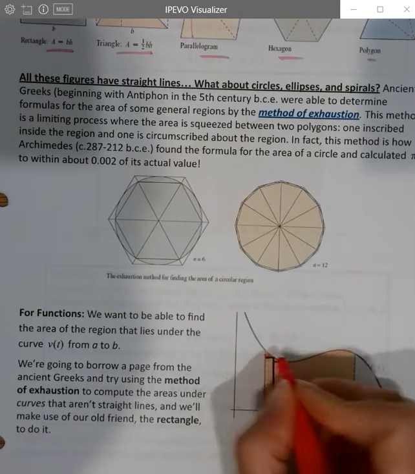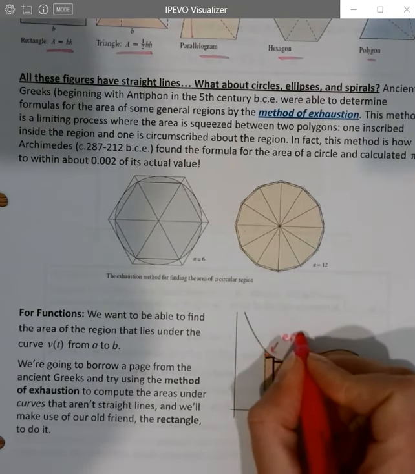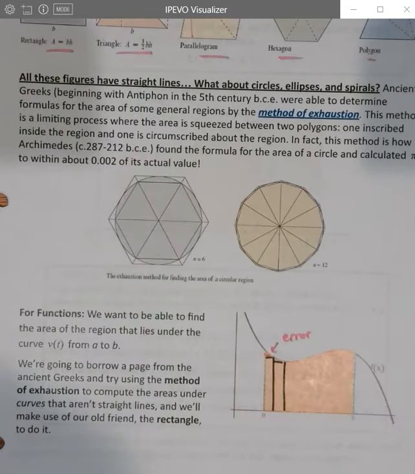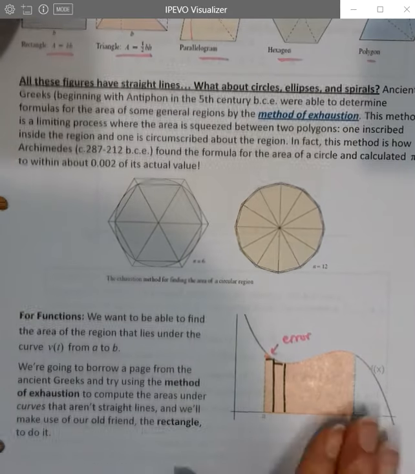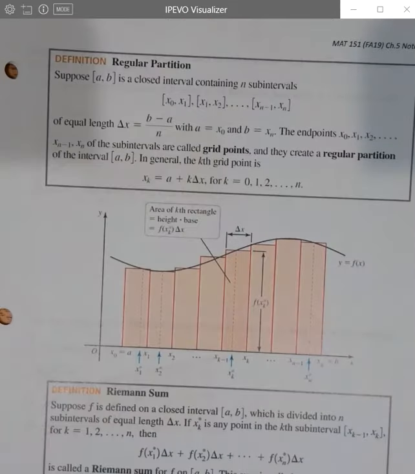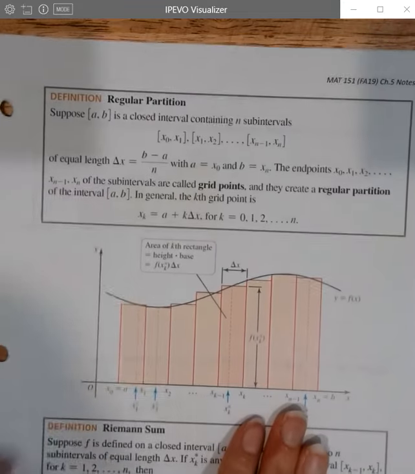So we have a little bit of error right here where we're not quite correct. But the idea is that if I make enough rectangles closer and closer together, the error is going to be smaller and smaller. So we're going to have some limits there, maybe as the width of the rectangles shrinks down to 0. Okay, that's a little bit of the overview of what we're looking at, and let's see how we might do that on our next page.